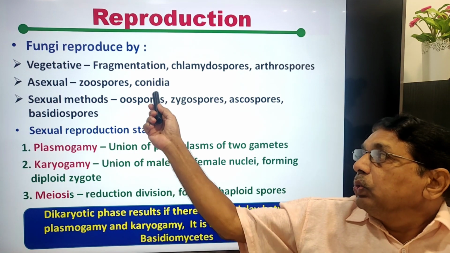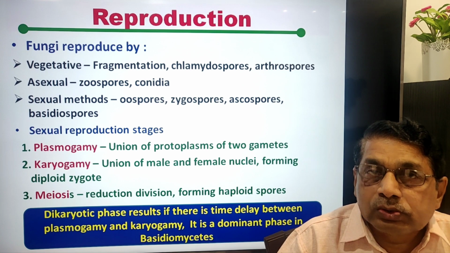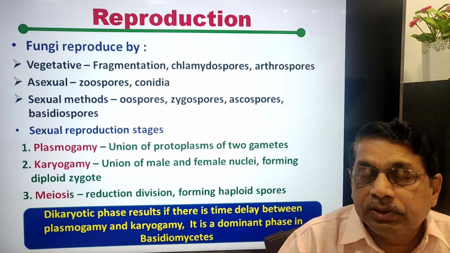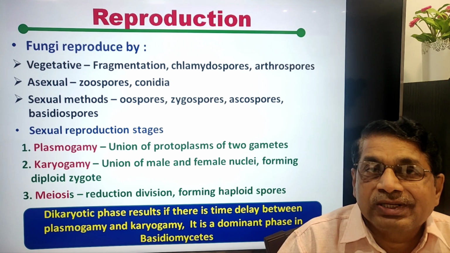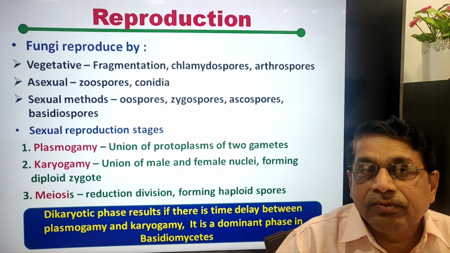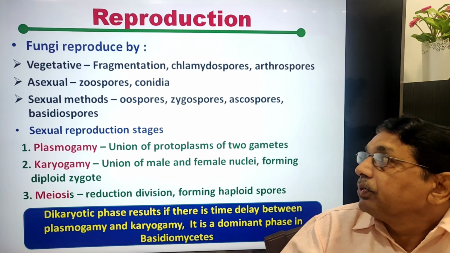Sexual methods: oospores. In Phytophthora and Pythium, oospores are produced as a result of sexual reproduction. Oogonium and antheridium fuse and form a diploid oospore.